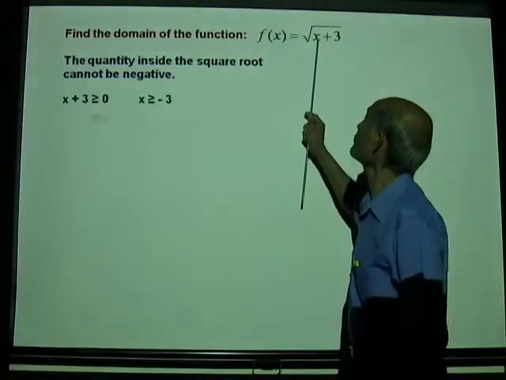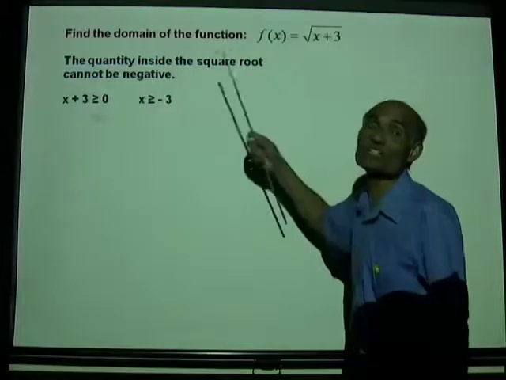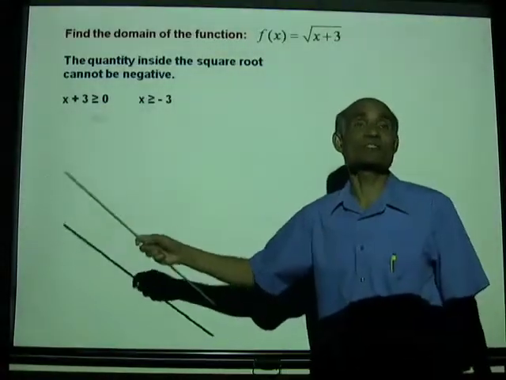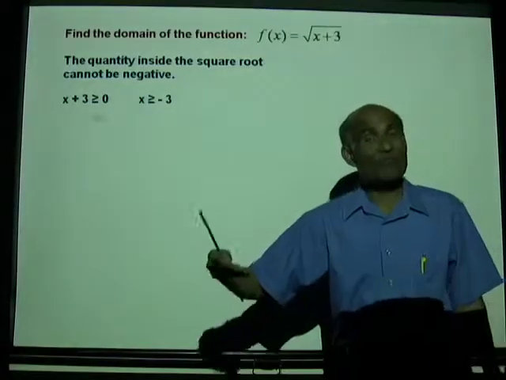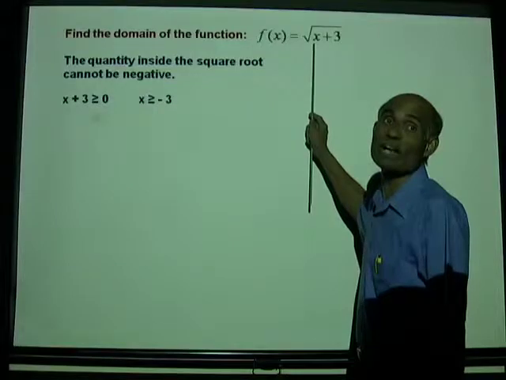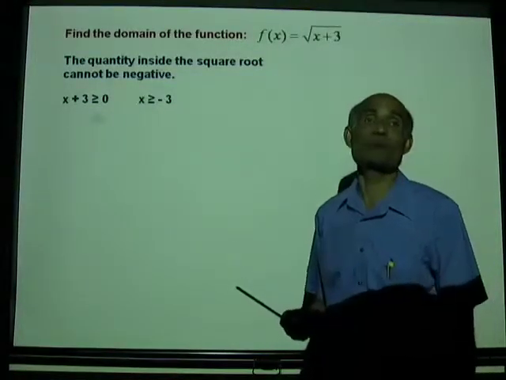If you put x equal to -4 here, -4 plus 3 is -1. Square root of -1 is undefined. So -4 is not in the domain. You try any number less than -3, it will not give you an output.